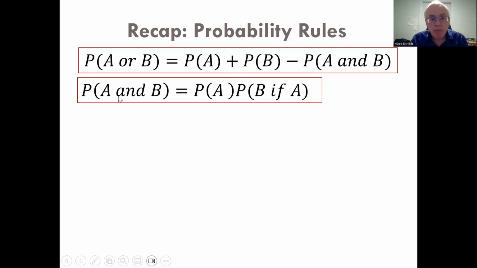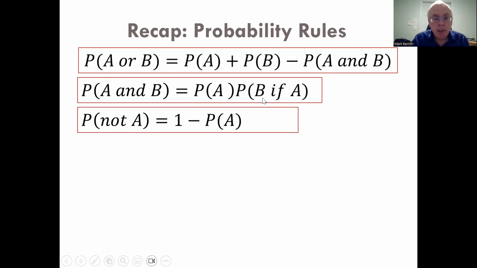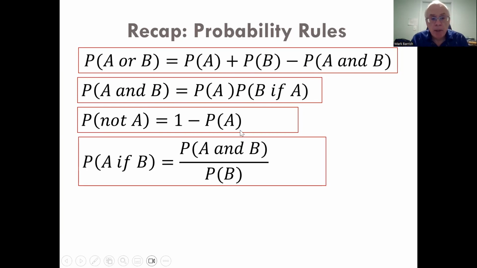This, of course, is the multiplication rule, or at least one version of it. It says the probability of A and B is equal to the probability of A times the probability of B if A, which is the conditional probability of B if A. This is the complement, which says the probability of not A is equal to 1 minus the probability of A. This is the conditional probability rule, which we're going to talk more about today.